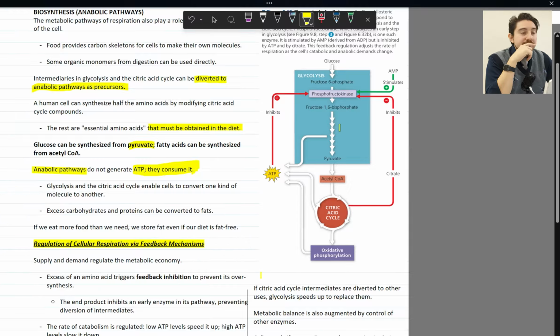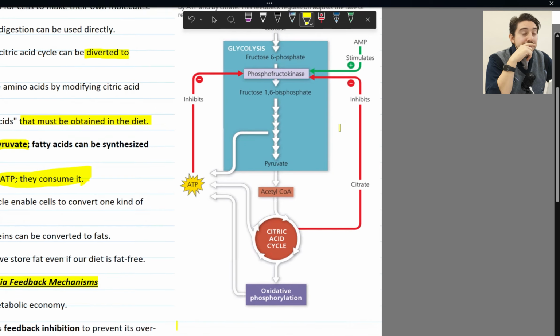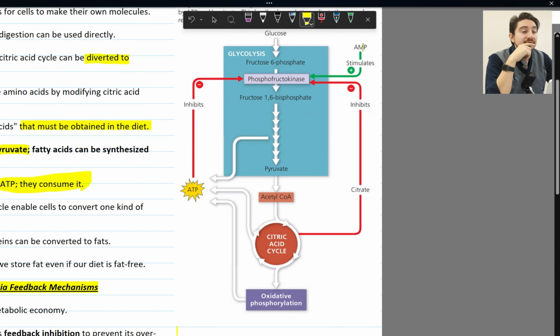Let's take a look at this diagram. In glycolysis, you have glucose coming in, and it will produce fructose 6-phosphate. Then this enzyme, if you have enough of this AMP, will become stimulated and enable fructose 6-phosphate to get phosphorylated, and then you have fructose 1,6-bisphosphate, ultimately producing pyruvate.